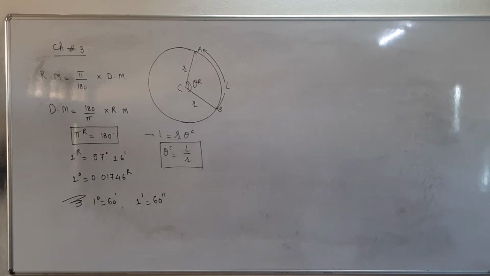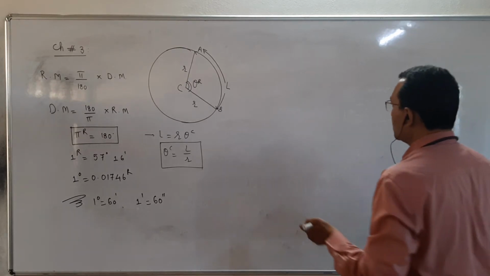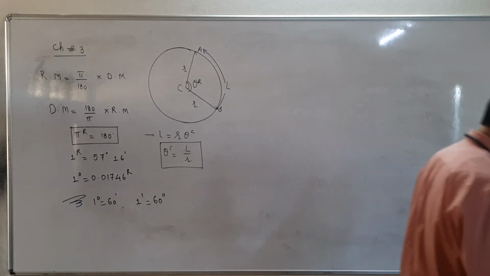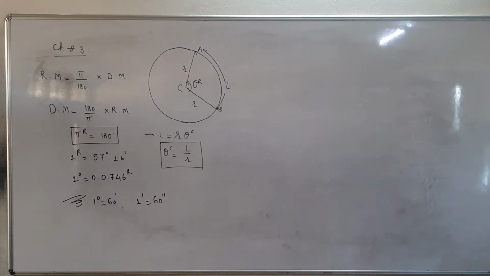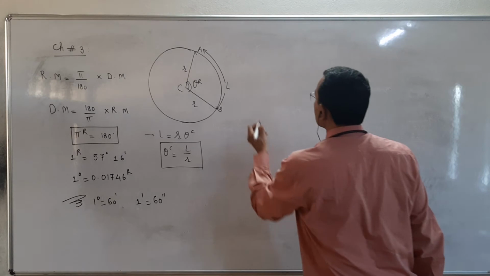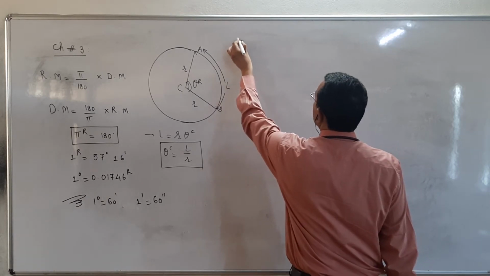Now let us do some number 5. In a circle of diameter 40 cm, a chord of length 20 cm is given. Find the length of minor arc corresponding to the chord. Say, the question is from number 5, students. 3.1.